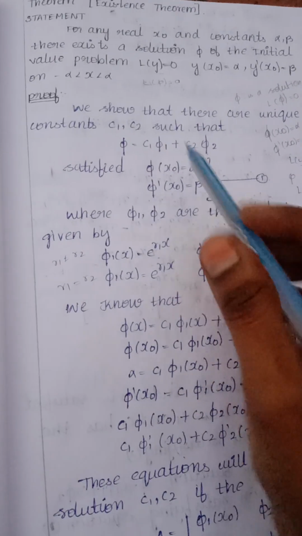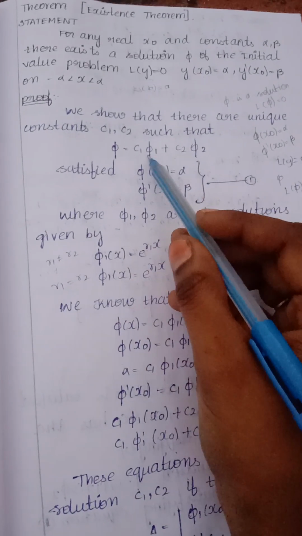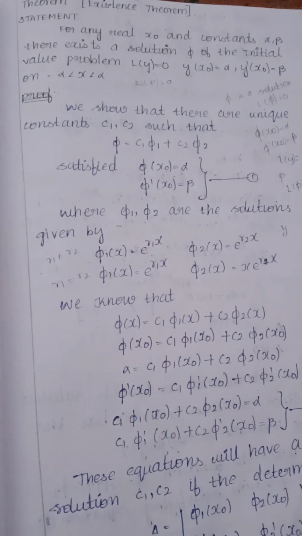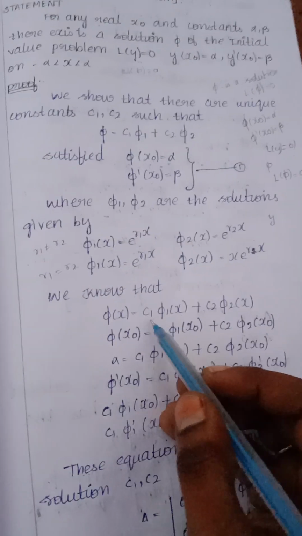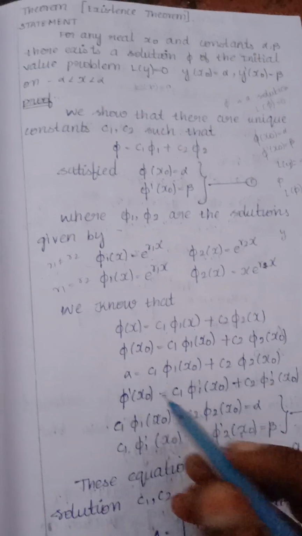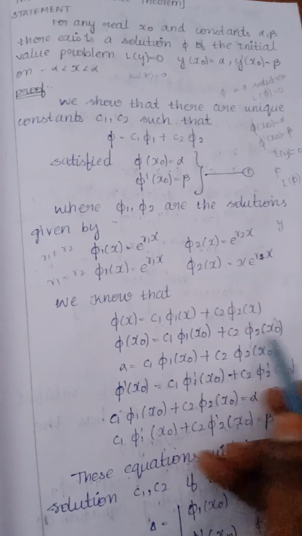So we know from the equation that phi equal to c1 phi 1 plus c2 phi 2. So phi of x equal to c1 phi 1 of x plus c2 phi 2 of x. For any real x naught, if we substitute the value, phi of x naught equal to c1 phi 1 of x naught plus c2 phi 2 of x naught.